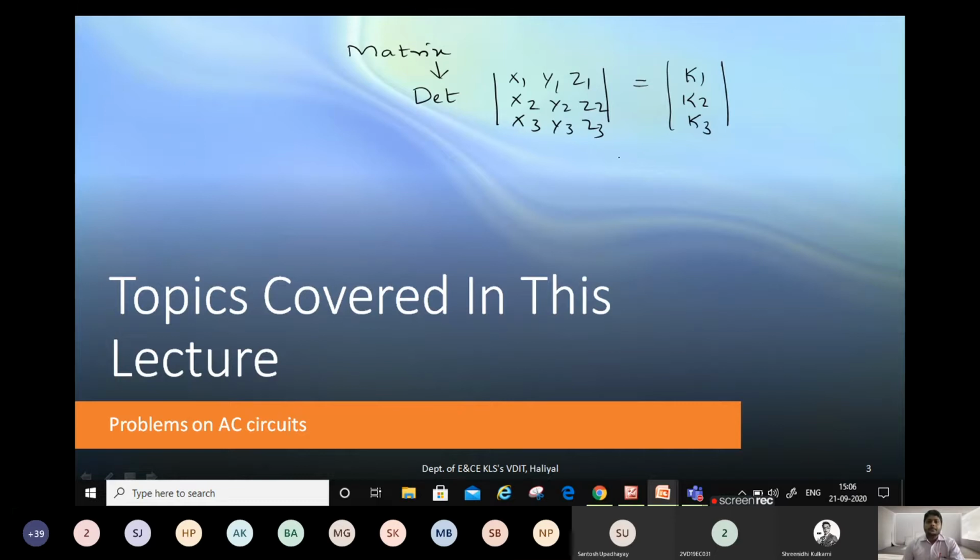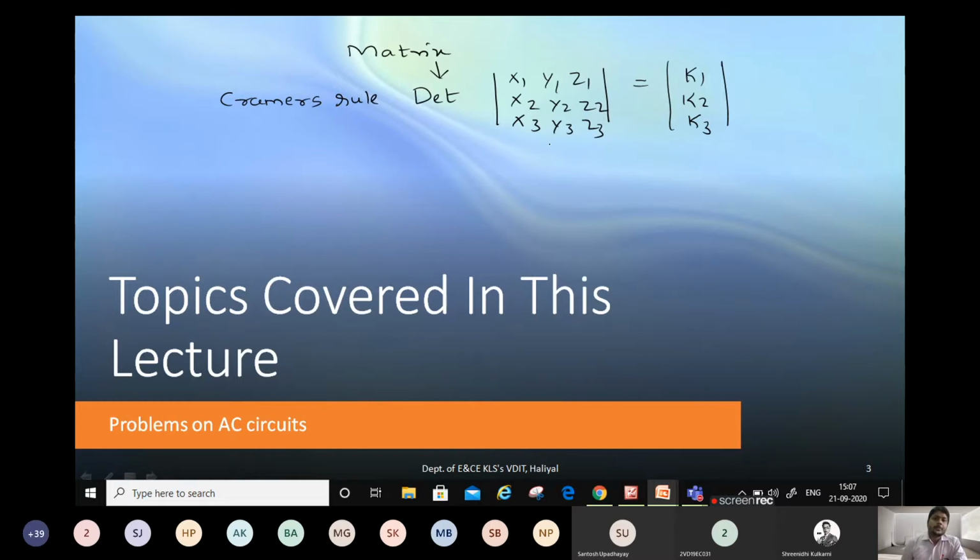Now what is the use of this determinant in our networks? We get the equations in terms of impedances, in terms of j omega and so on, where you cannot calculate things directly using the calculator. So it is necessary to calculate the parameters by using Cramer's rule.